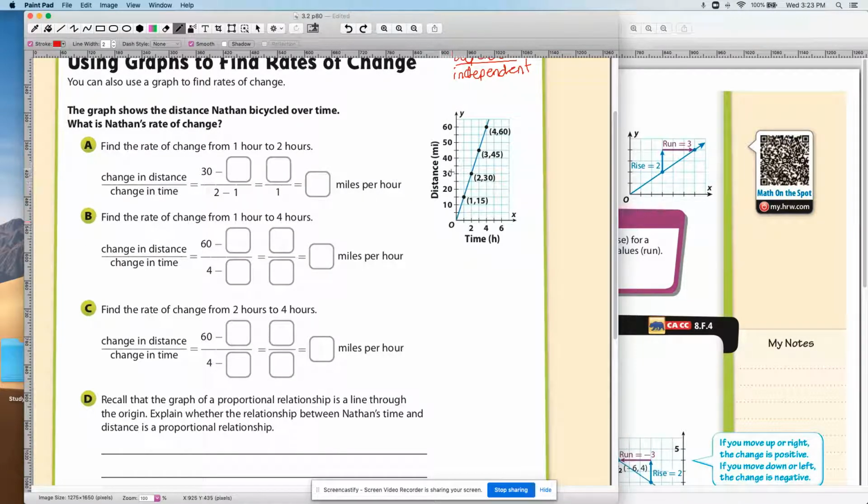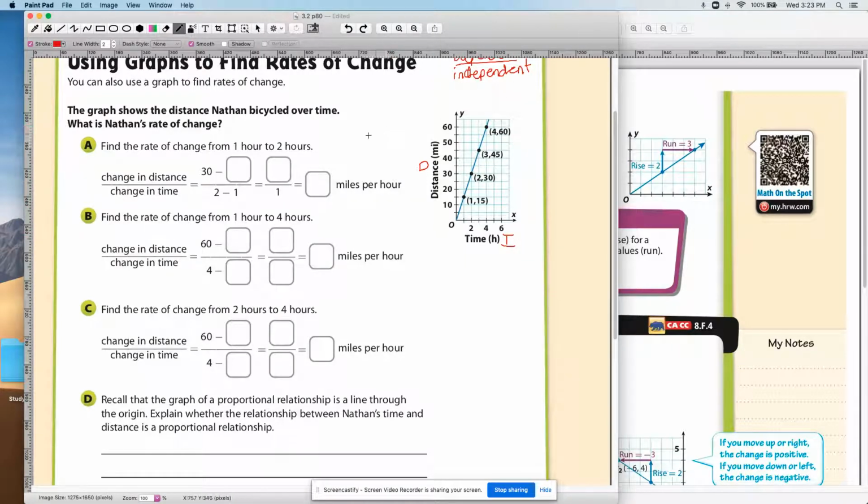Or is the distance he's going dependent on the amount of time he rides? Okay, so that's what you got to think of. In this case, the longer he rides his bike, the farther he is going to go. So the distance is the dependent variable, and the time is the independent variable.